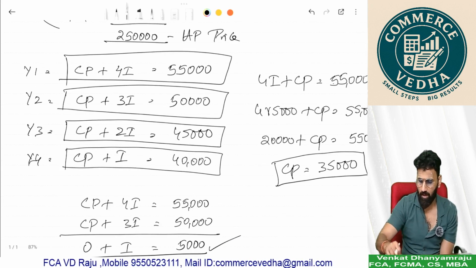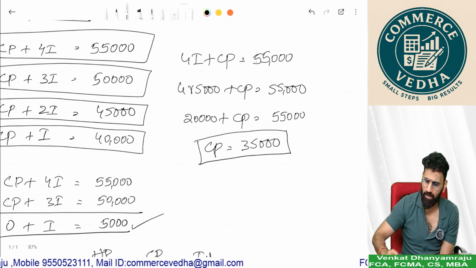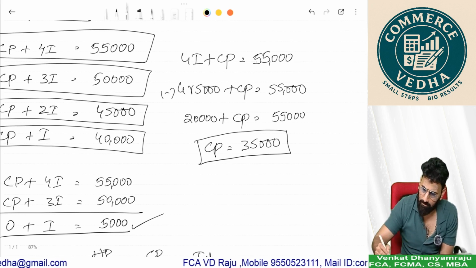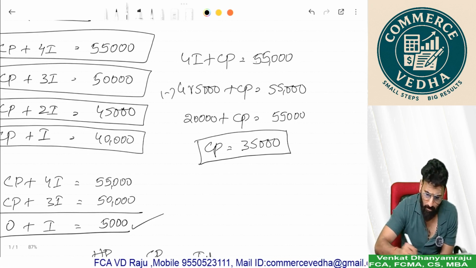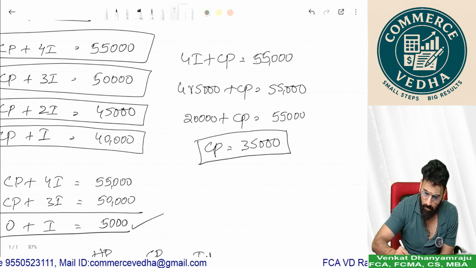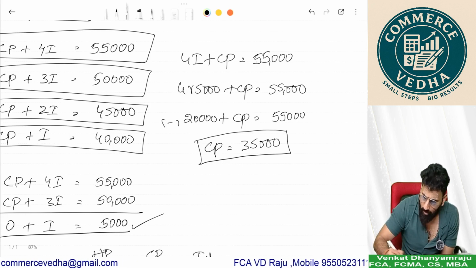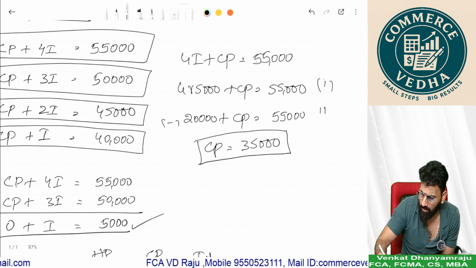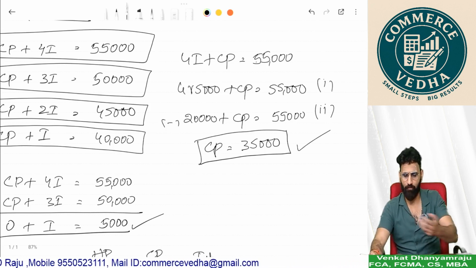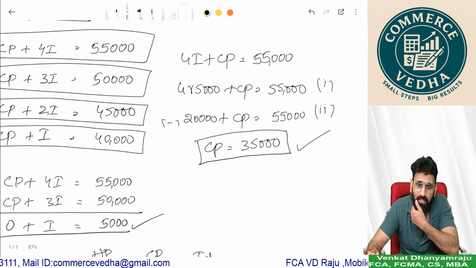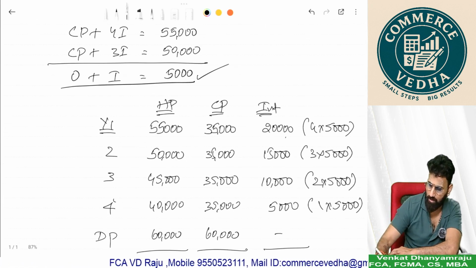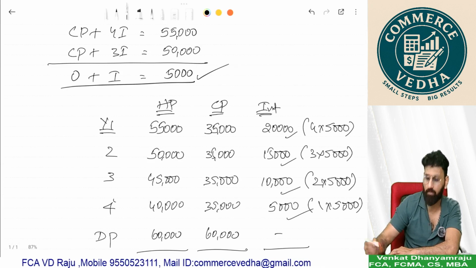So I get my equations. Deduct the second equation from the first equation and you will get the interest, and thereby CP. Once you get CP, the difference, installment price minus cash price, is your interest.